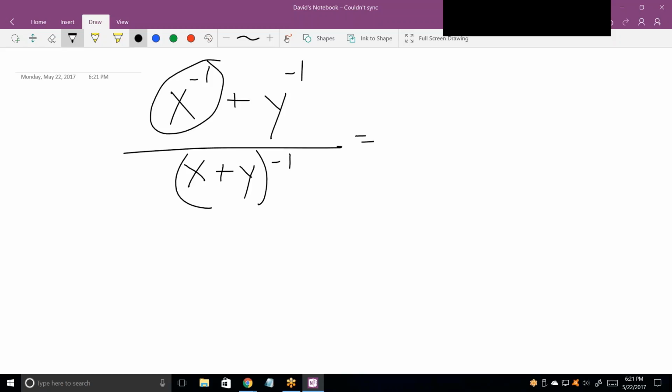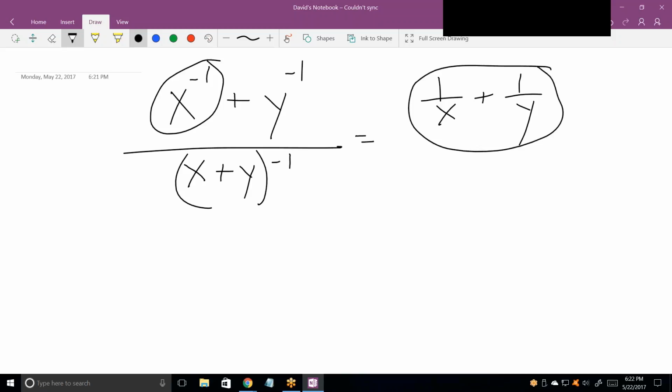What's x to the minus 1 equal to? 1 over x. Right. Okay. Now, let's solve that. Turn it into a single rational quotient.